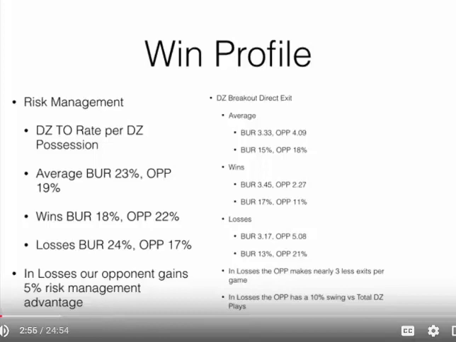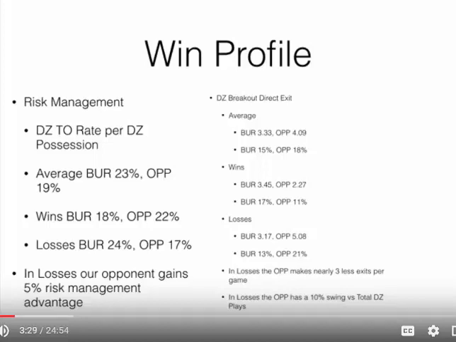In the D zone direct exits, the question was, how many exits or direct breakout exits did we have, either by carry or by pass? The average was 3.33 for Burlington, but the opponent was at 4.09, for 15% to 18%. But when we won, we were at 3.45 to our opponent's 2.27 per game, for 17% versus 11%.